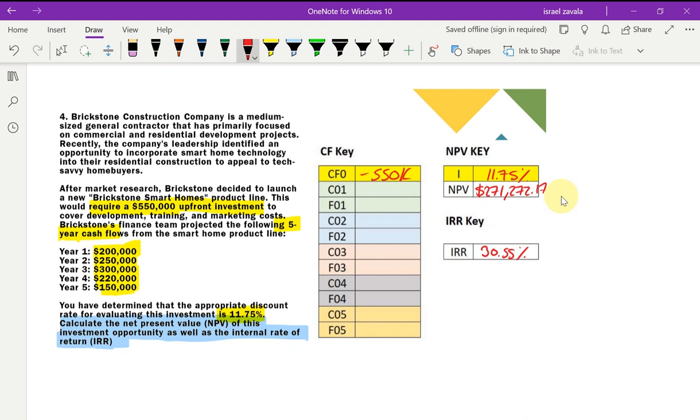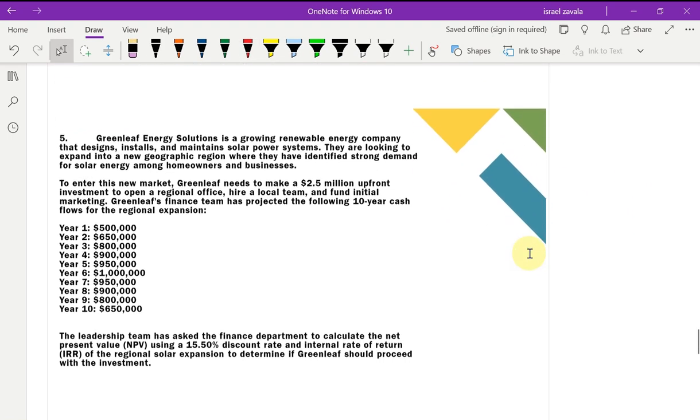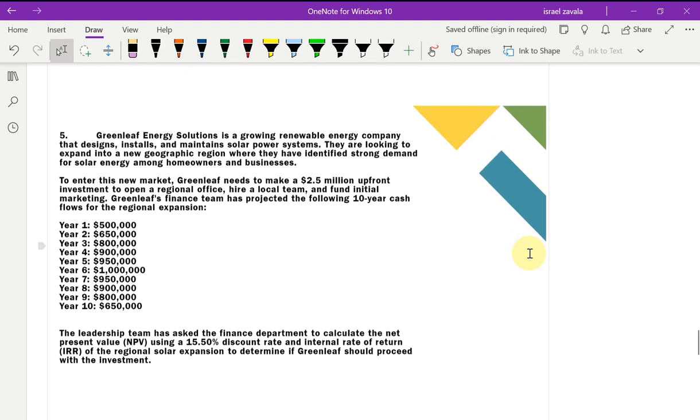All right. Last problem. A lot to read here. Pause it, go ahead and read it, or you can just watch me extract the important pieces from it. We need to make a 2.5 million upfront investment. It's going to be a 10-year set of cash flows, which we have here.